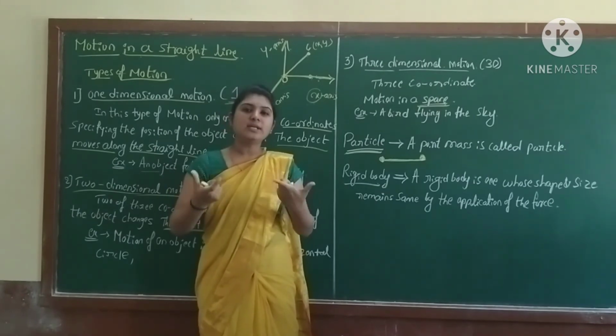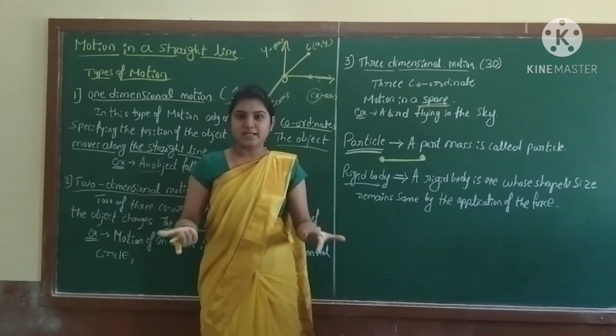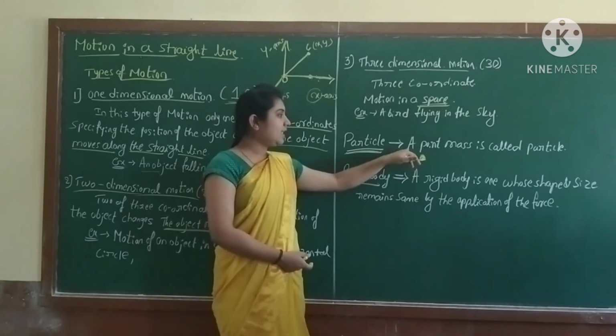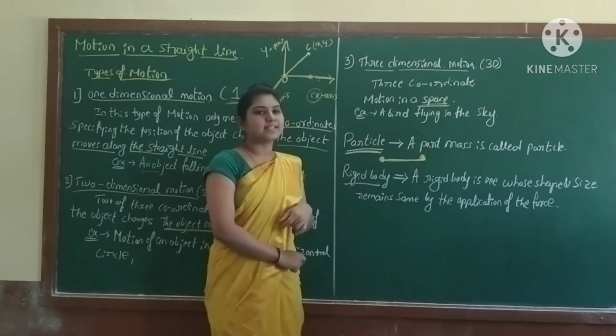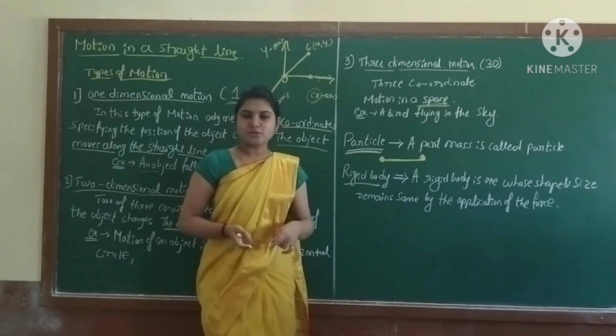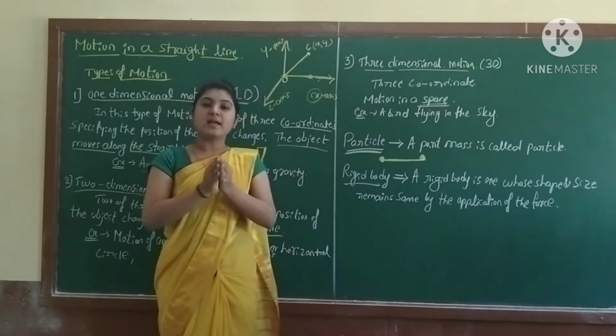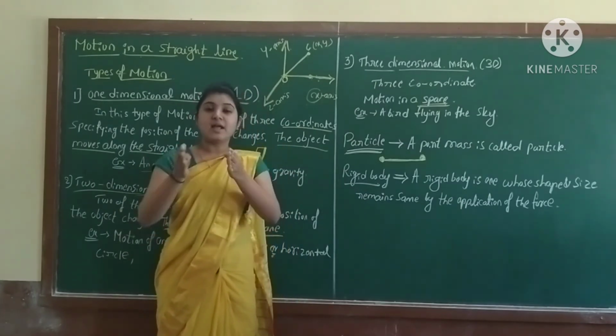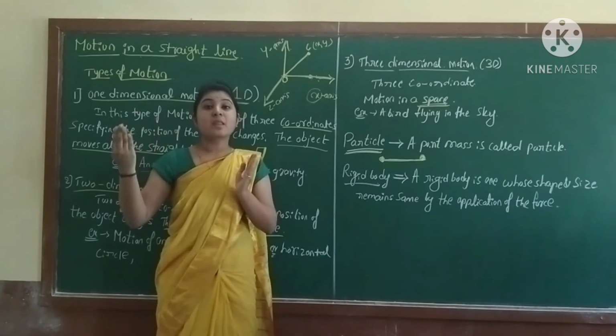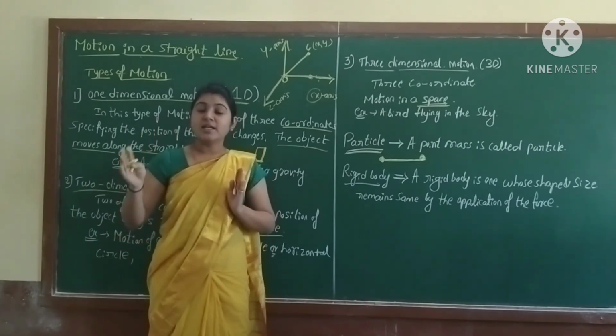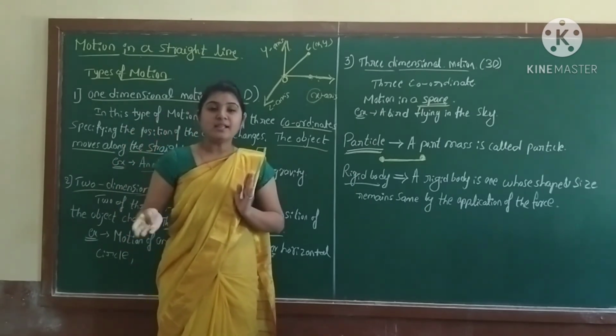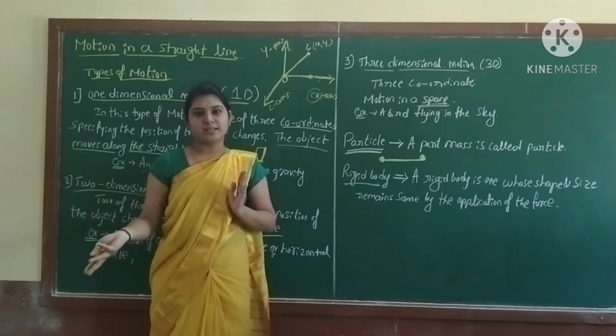That only we can say is a particle. So easily, a point mass is called a particle. Understood? First the atom comes and after that the particle. When the atom is divided, the particle comes. If we divide the particle, the subparticles come.